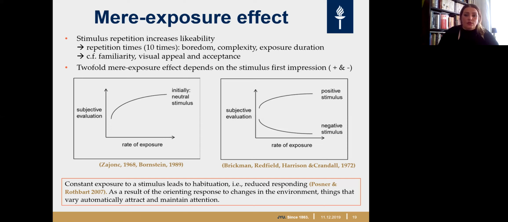But it's good to understand that it's not so straightforward in that sense, because the repetition, of course, increases the familiarity, which increases the cognitive information processing fluency, which leads to more likability. That's the basic idea of information processing fluency paradigm.